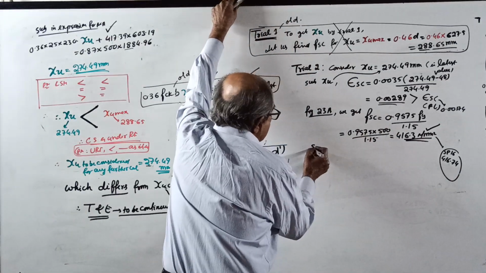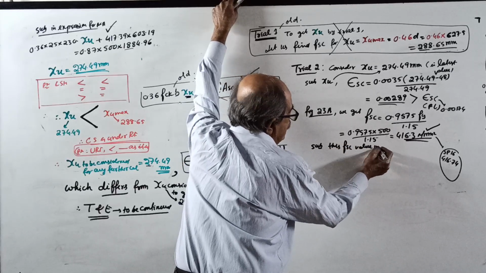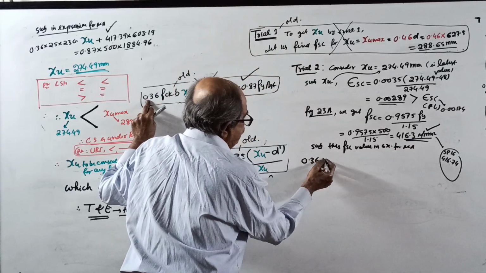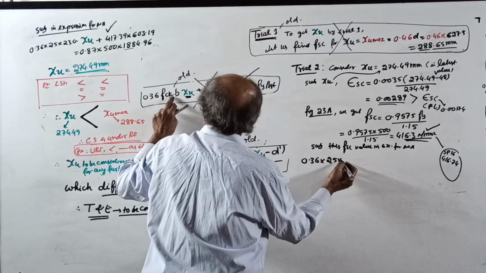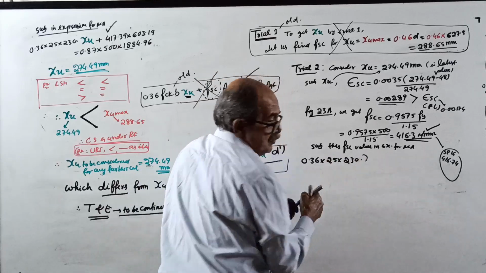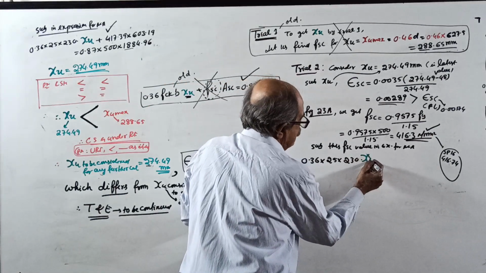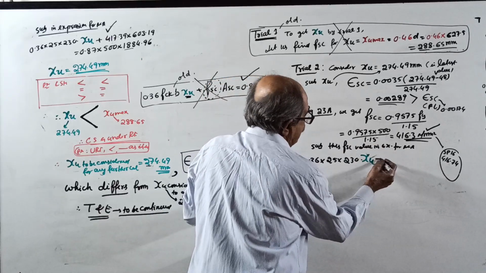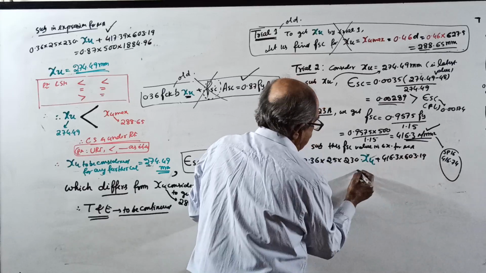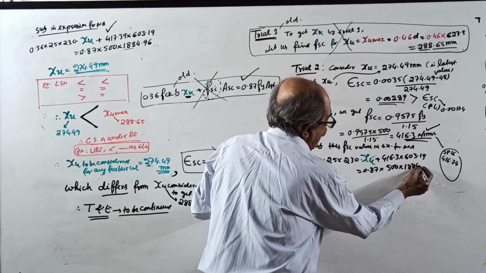Okay, now substituting this Fsc value in the expression for neutral axis, you get 0.36 into fck 25 into b 230 into Xu, once again our Xu is actually not required to solve, just to understand, plus Fsc, 416.3 into 603.19 equal to 0.87 into Fy 500 into 1884.96.